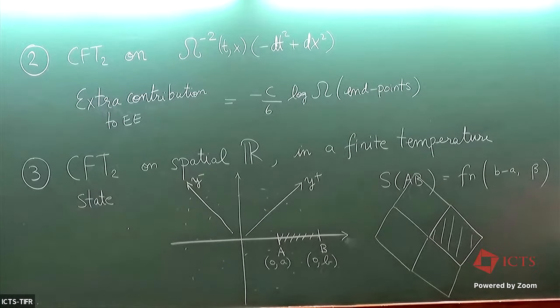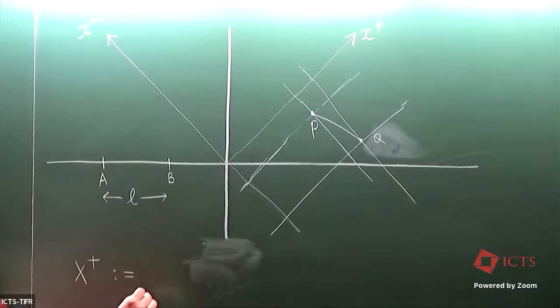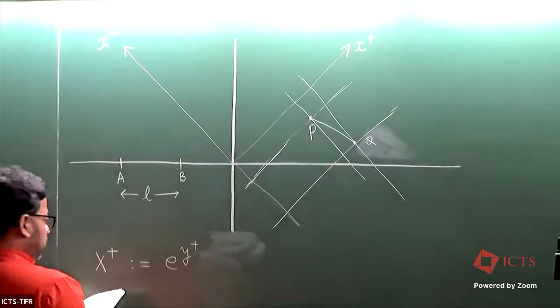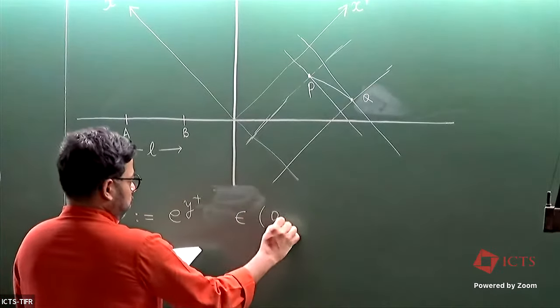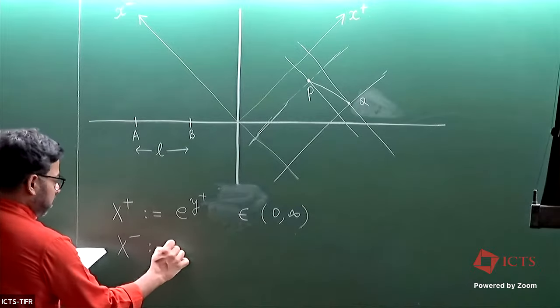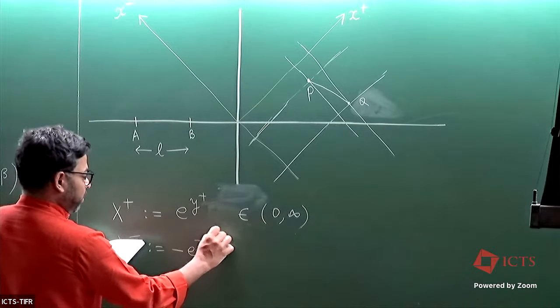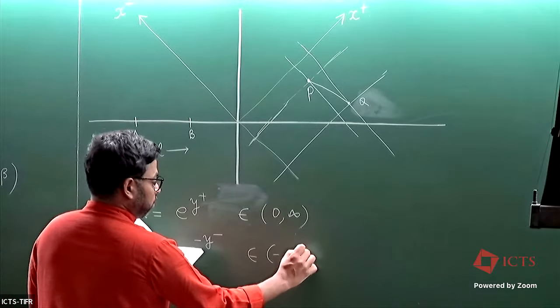Define a new coordinate, x plus, equal to e to the y plus. So notice that this belongs to 0 to infinity, and x minus is defined as negative e to the negative y minus, and this belongs to minus infinity to 0. Okay.